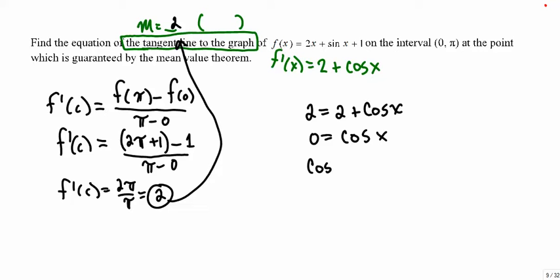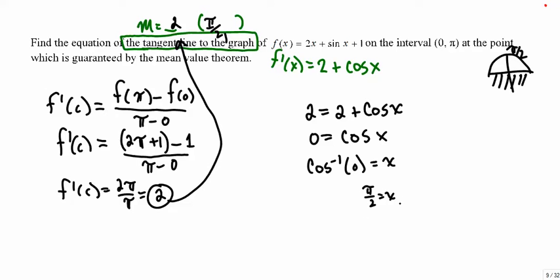Inverse cosine of 0 radians is x. You've got to know your unit circle. When is cosine 0? Well, cosine is only 0 here at pi halves, so that's the answer. That's my x-coordinate up here, pi halves.